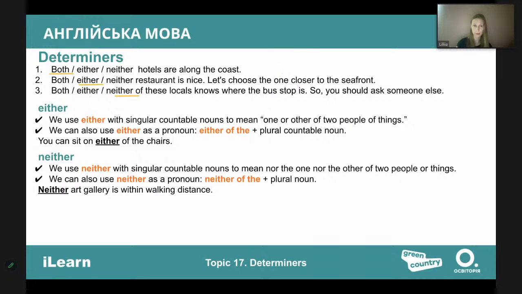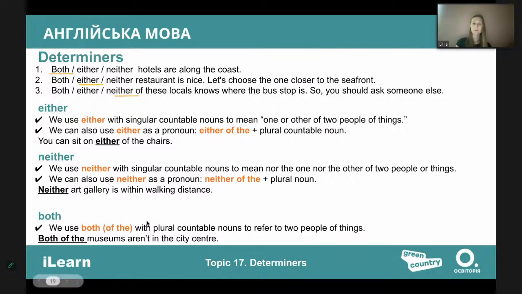Жоден з нам не підходить. And we can also use it with article the with plural forms. For example, neither art gallery, or neither of the art galleries, жодна з, was interesting for me. And we use both with plural, множині. So again, either, neither for singular mostly, or either of the, then plural, but both is used only for plural forms. Okay, let's keep moving.